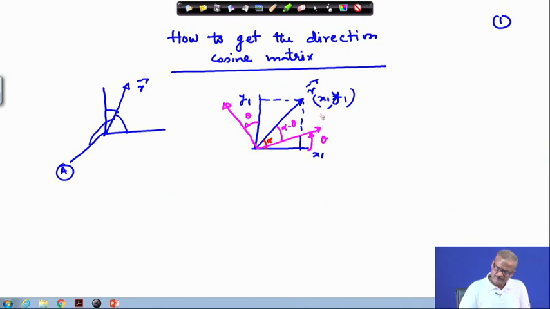So, in the new frame, the coordinates of this vector will be indicated by x 2 y 2. So, x 2 y 2 are the coordinates of the same vector if we rotate the reference frame.